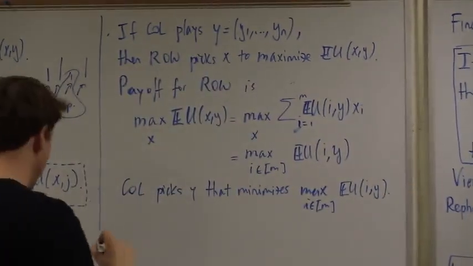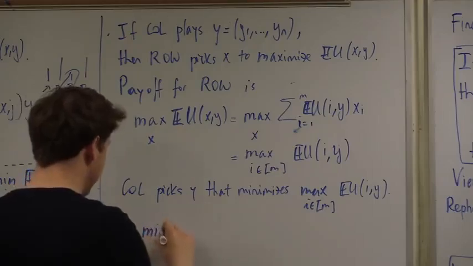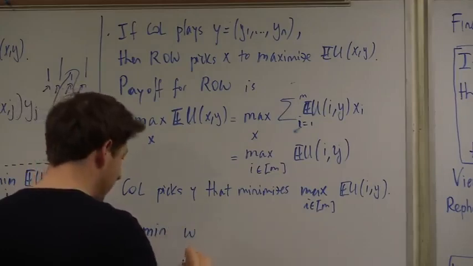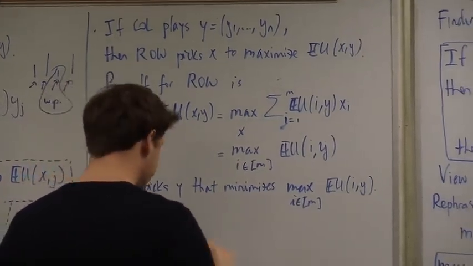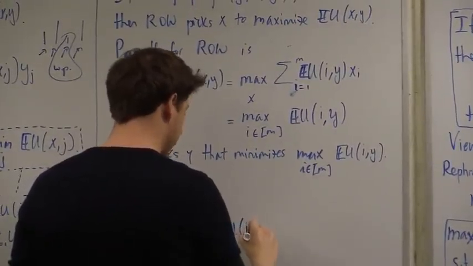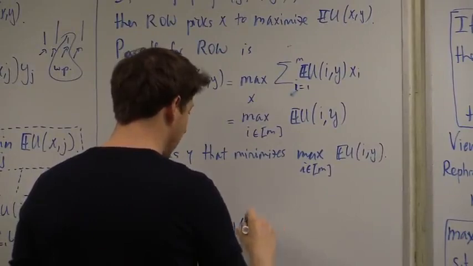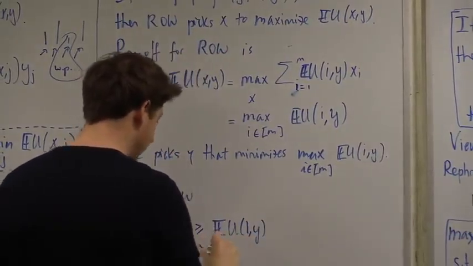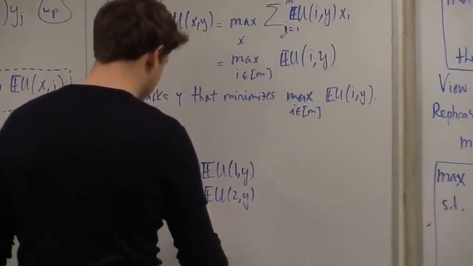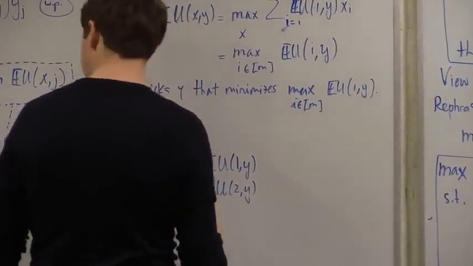So now we can write the analogous LP, which is in fact the dual: minimize W such that W is at least the expected utility of 1, y. W is at least the expected utility of 2, y, and so on and so forth.